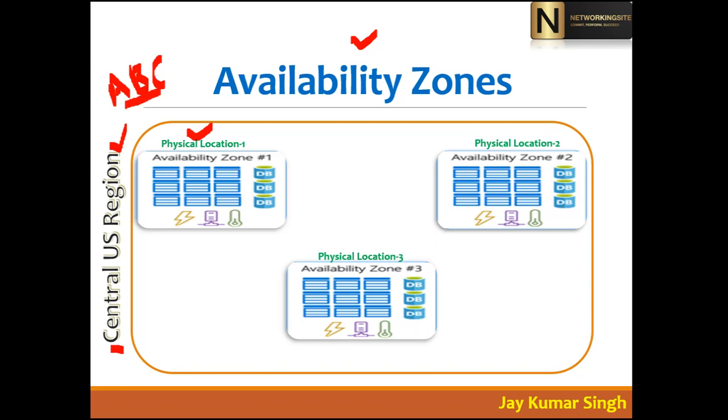Inside that physical location, the large central data center is divided into three locations: physical location 1, physical location 2, and physical location 3. In one location they kept all the data centers.